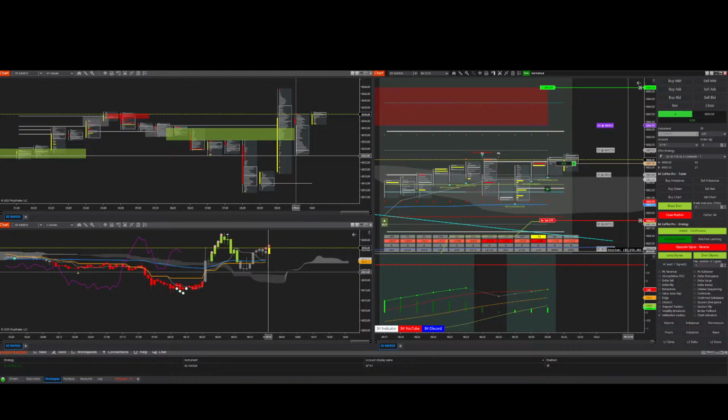Notice this bottom row you have here. That's part of the footprint. I have it turned off over here. But you're starting to get a significant amount of volume coming in, or more volume, that is.